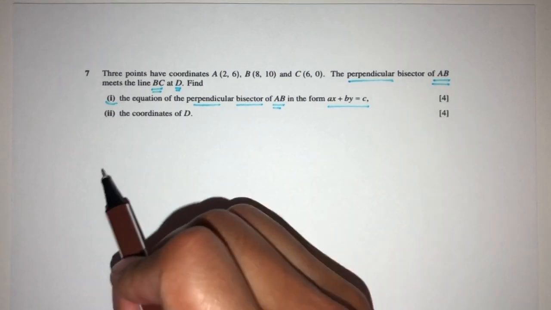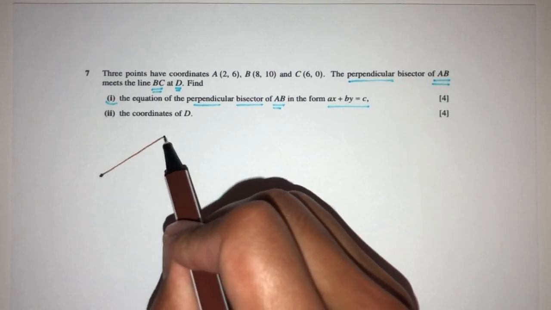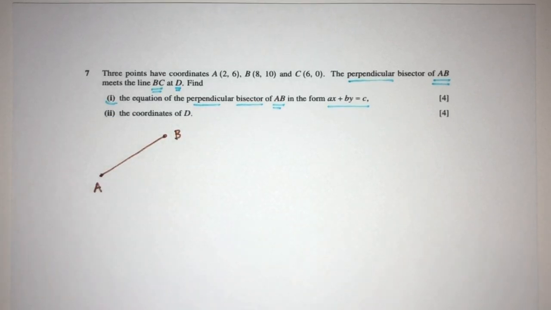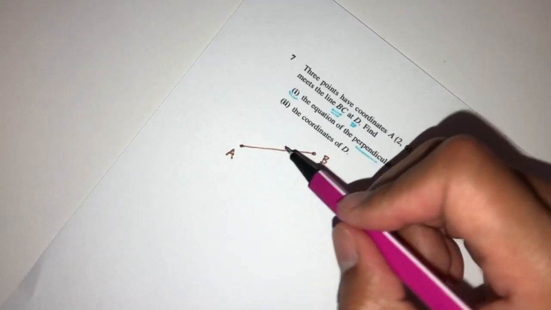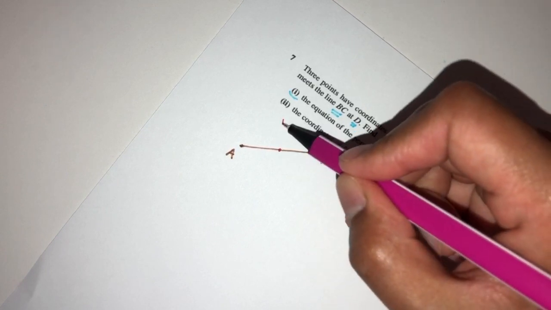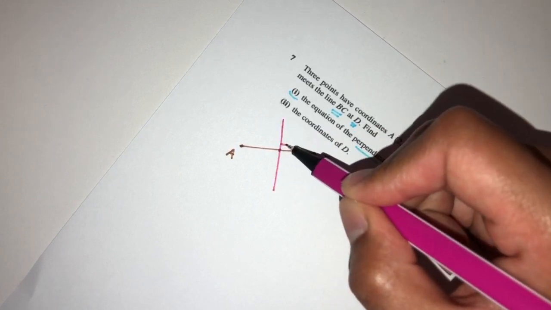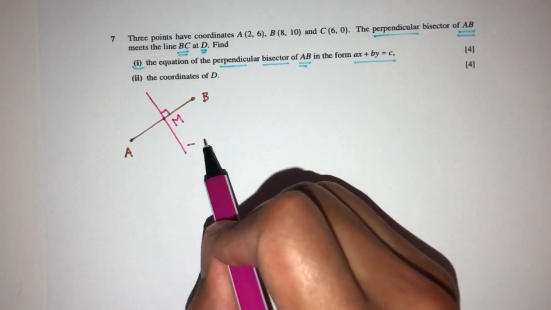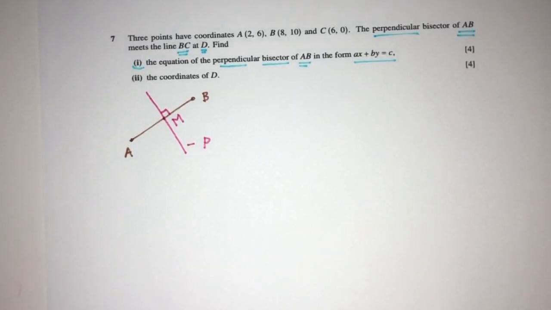So for example, you have the point A here joining with the point B, and the perpendicular bisector is a line that passes through the midpoint at 90 degrees. That will be the midpoint of AB. So let's call this P. So we have to find the equation of P.